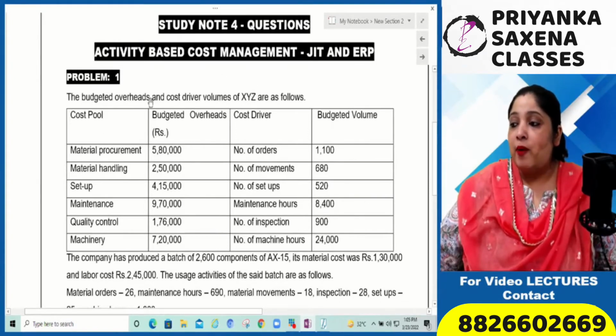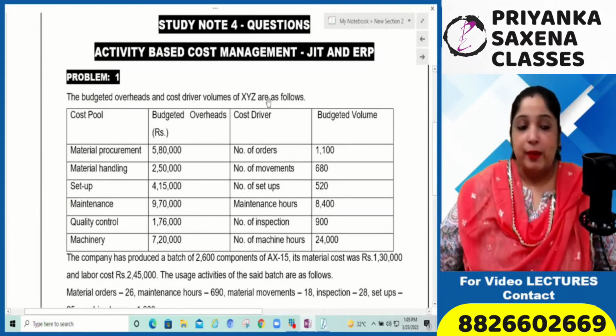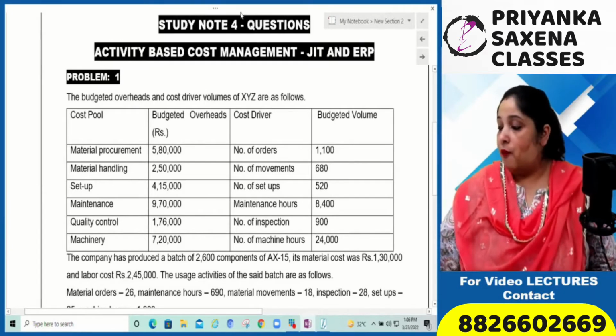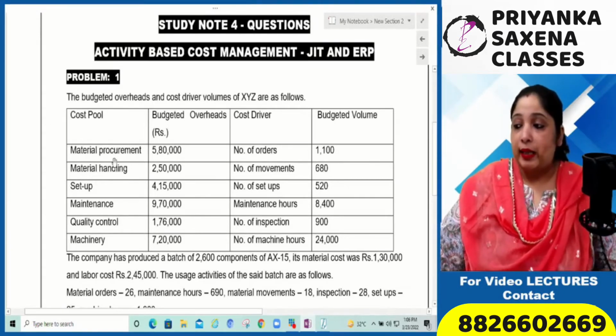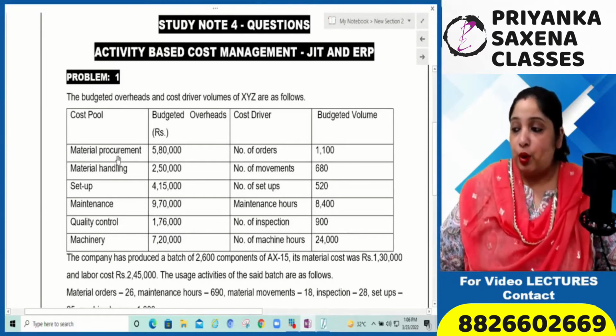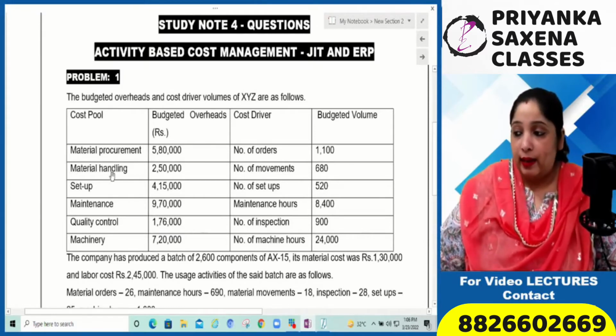So basically overhead estimates and the reasons behind that cost are given in the following table of XYZ Limited as follows. Now what are the various costs that will be incurred? Overheads: material procurement, material handling.